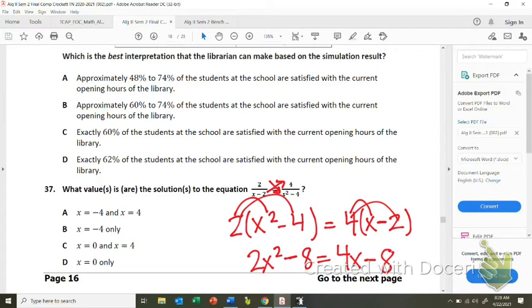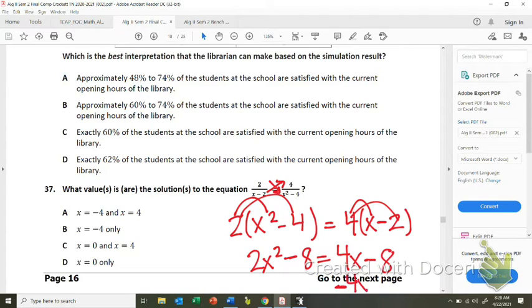All right, now we have to get everything on one side, okay? You want to move right to left or left to right? Right to left. Because that side's got the x squared. You can go left to right, but your x squared is going to become negative. So let's move right to left.